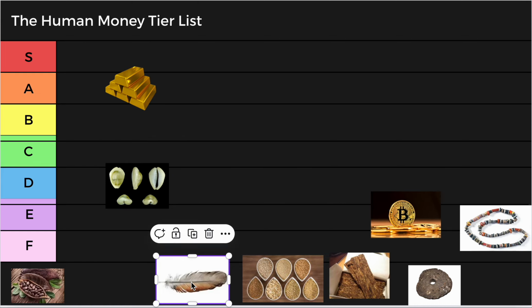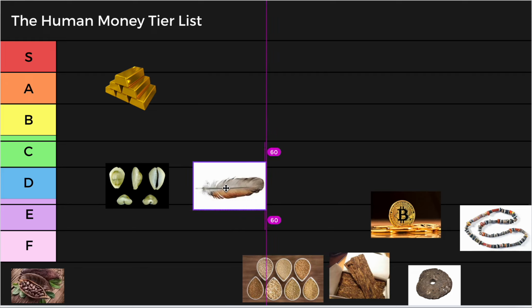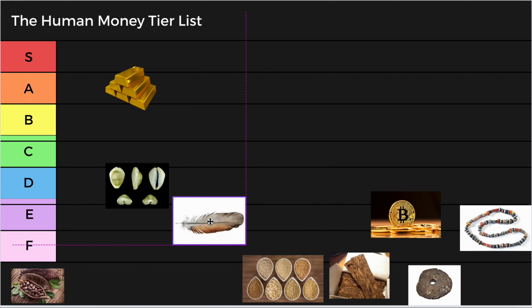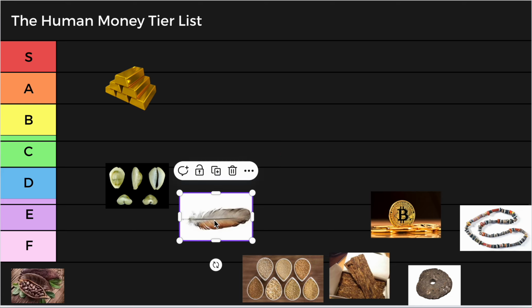Next, we're going to go to feathers. I'm going to put feathers probably even lower than seashells, just because feathers are not durable in the slightest. They're extremely portable. You can pack a lot of them into a small area. They have a very small weight per unit.